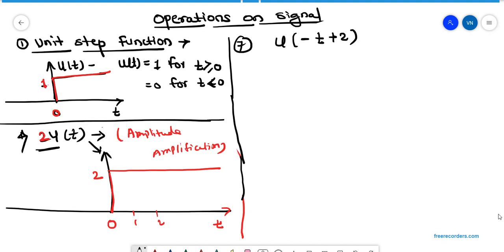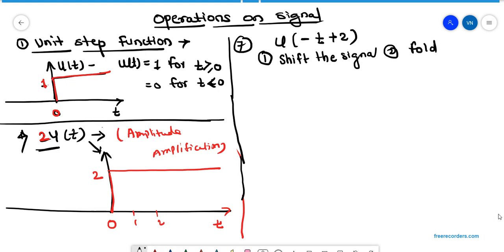Whenever you have to draw this signal, one important thing is that first you have to shift the signal, and then you have to fold the signal.